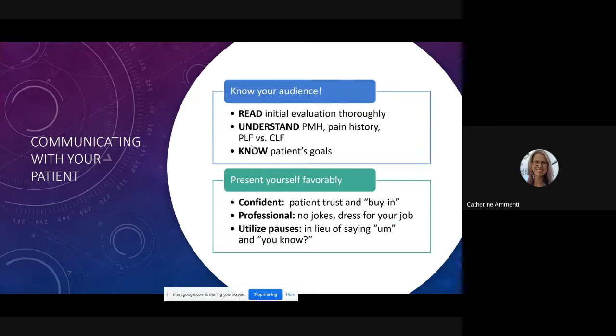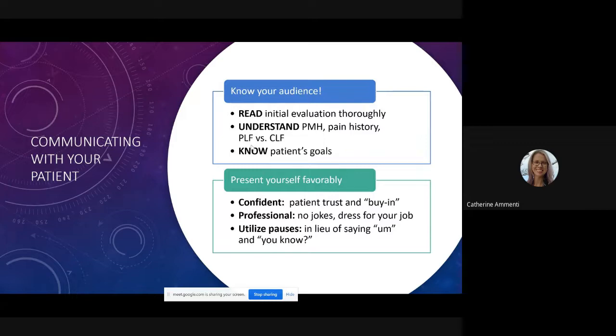I also want you to keep in mind when you are speaking to your patients, utilize pauses. It's very easy to get nervous and overwhelmed, and your brain's running a million miles a minute, and your mouth can't keep up with the ideas coming from your brain. So we tend to fall into the 'and... and... okay, and so... and like,' and it's very disconcerting to a patient who is looking at you as a professional and wanting professional information.